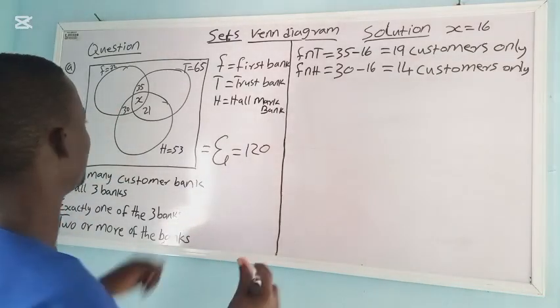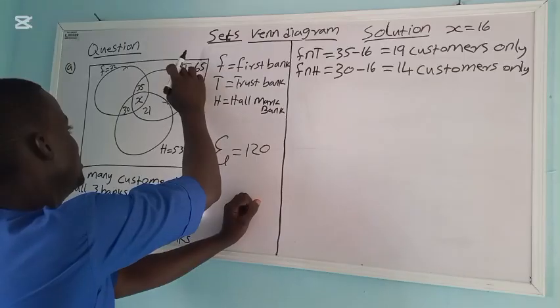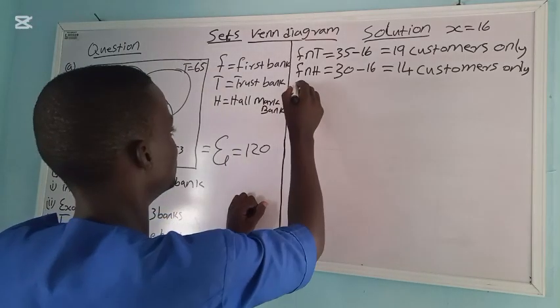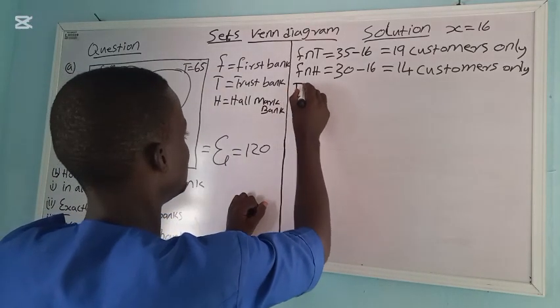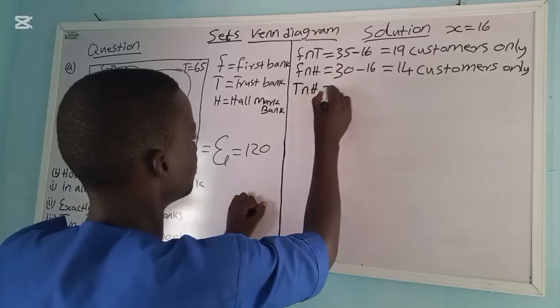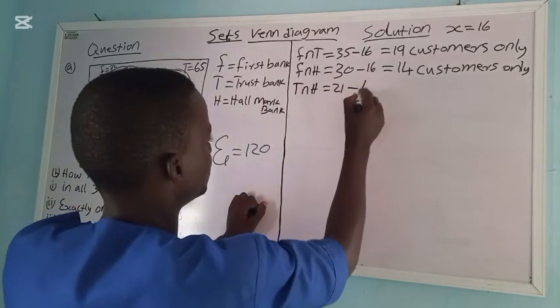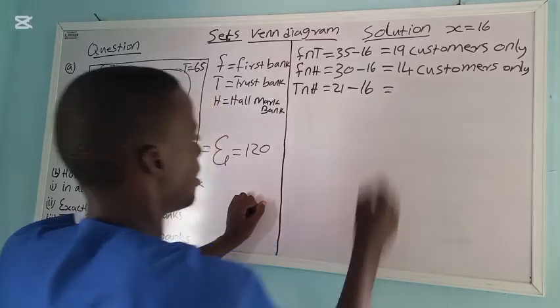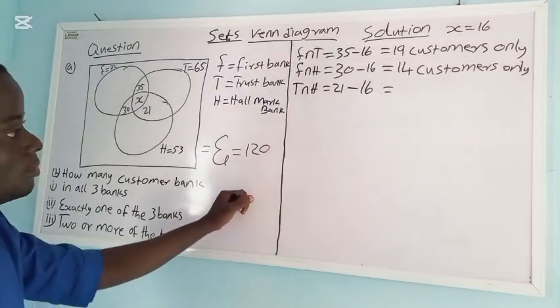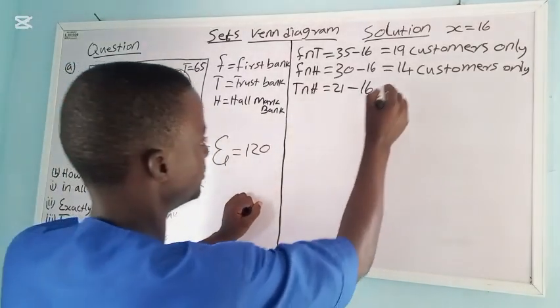So now let's look for the ones that bank with this one and this one. We have T intersection H, which is 20. This 20 minus 16 is equal to, so we have 5.